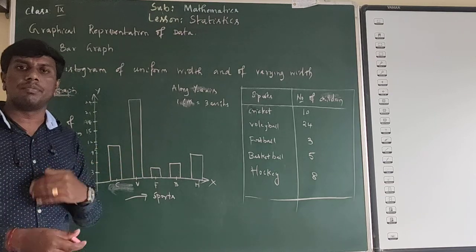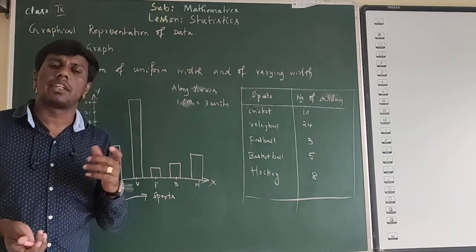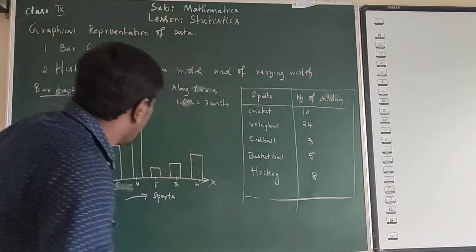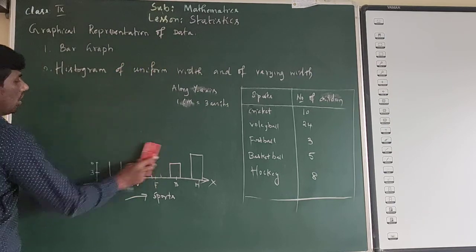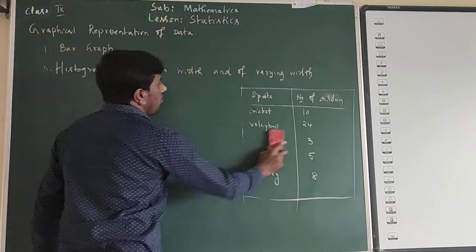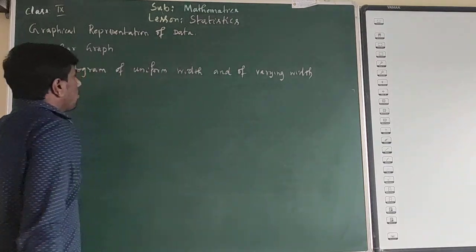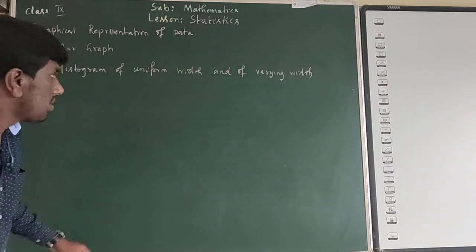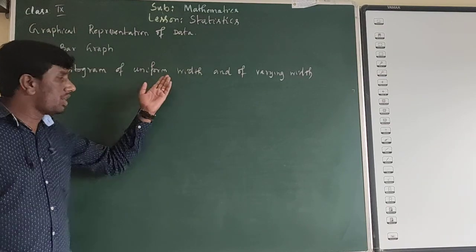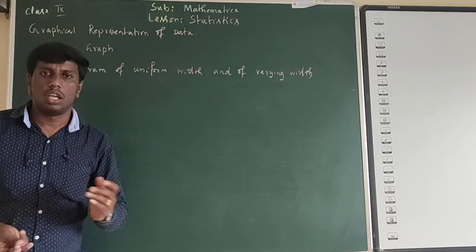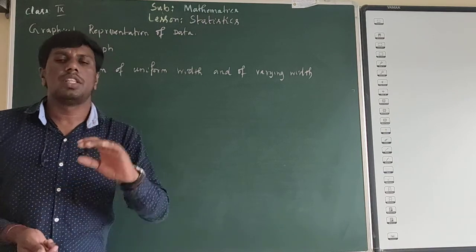When the histogram will come, when we have taken the class interval, like the last example, I'll take your example and show you the histogram of uniform width and histogram of non-uniform varying width. The first instance is uniform width, as you have done it in your class 8.